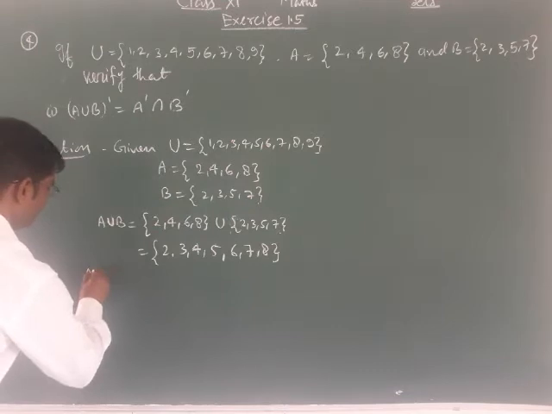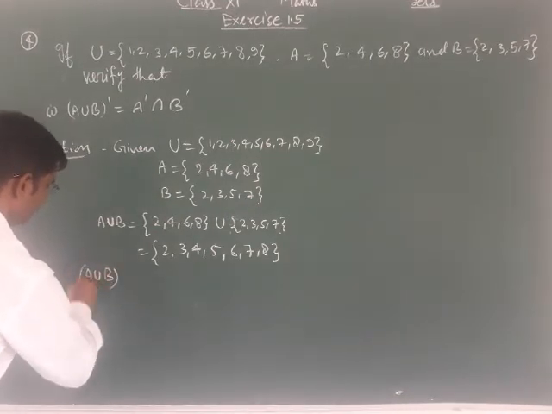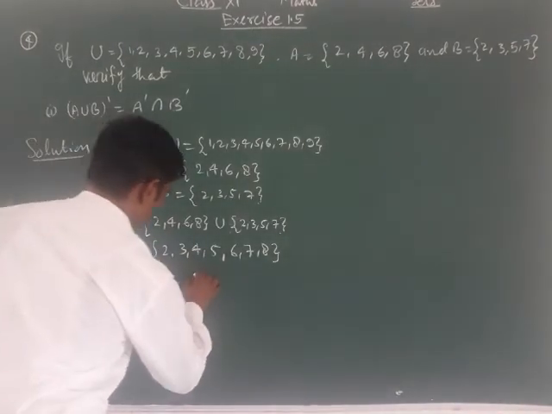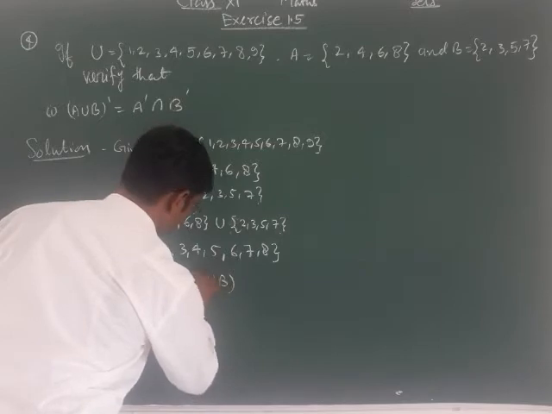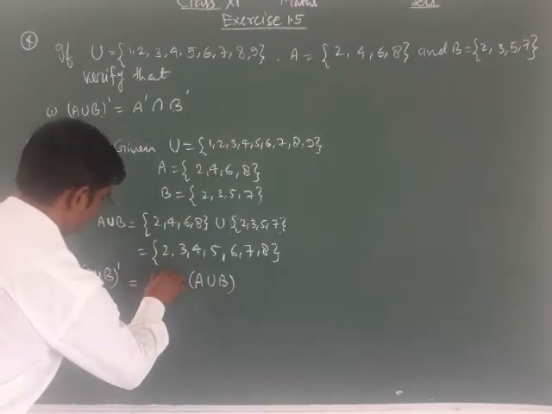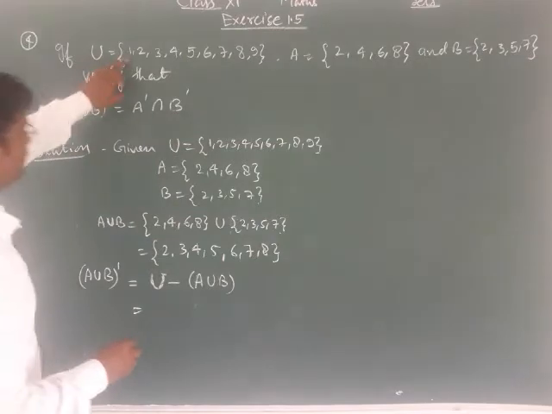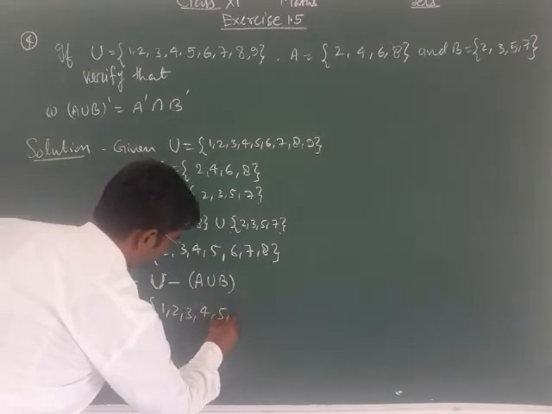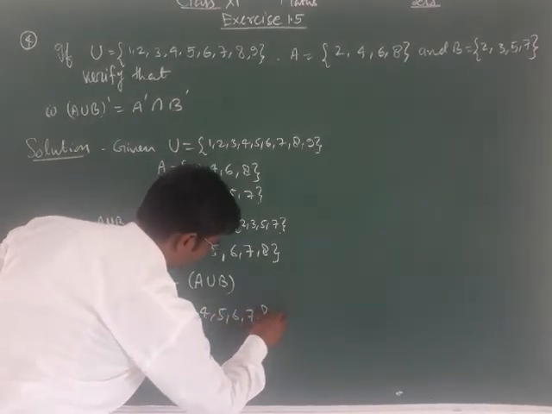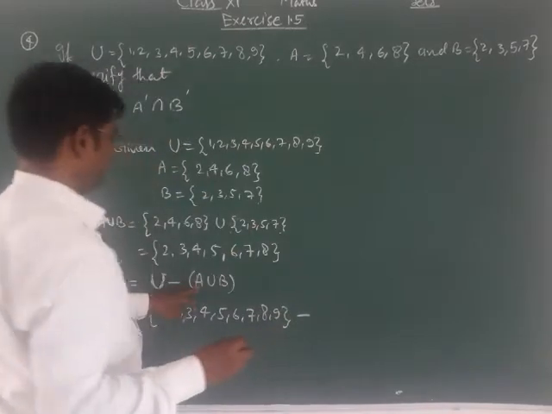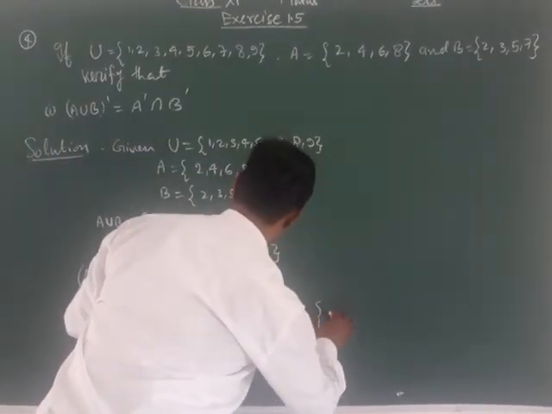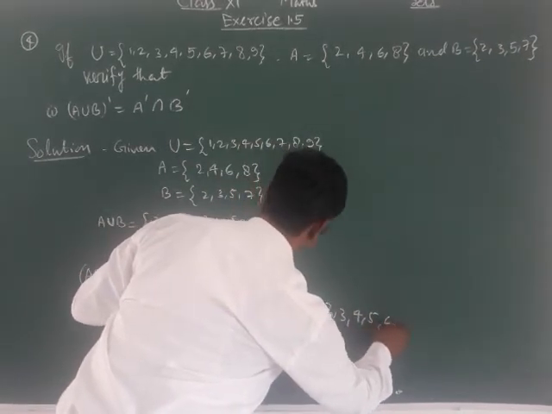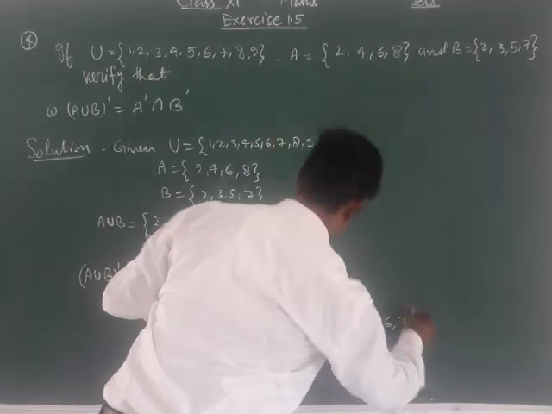And the complement of A union B is equal to U minus A union B. So U has elements 1, 2, 3, 4, 5, 6, 7, 8, 9, and A union B is 2, 3, 4, 5, 6, 7, 8.